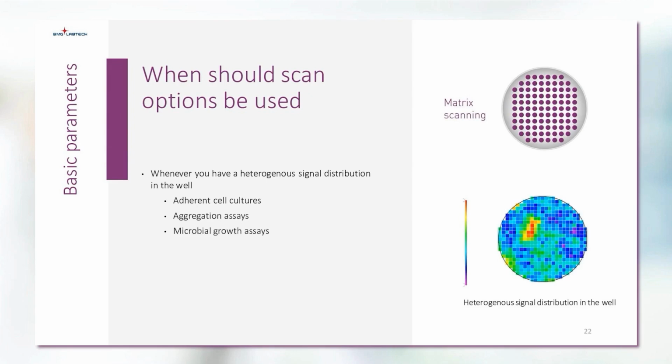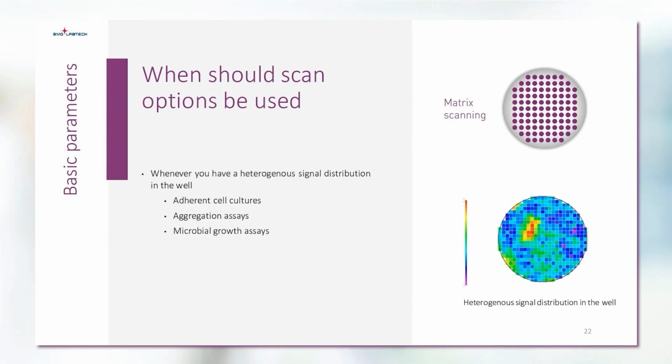For such kinds of assays, we offer scan options. With those scan options, several measurements are spread across the well bottom, as can be seen for the option of matrix scanning in the upper right panel of this slide. Those several measurements will then be averaged after the measurements have been done.